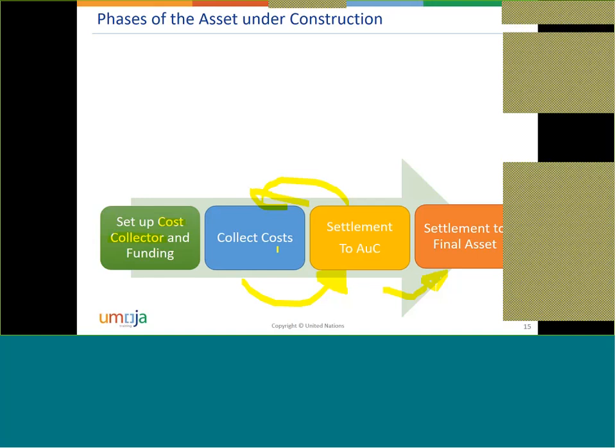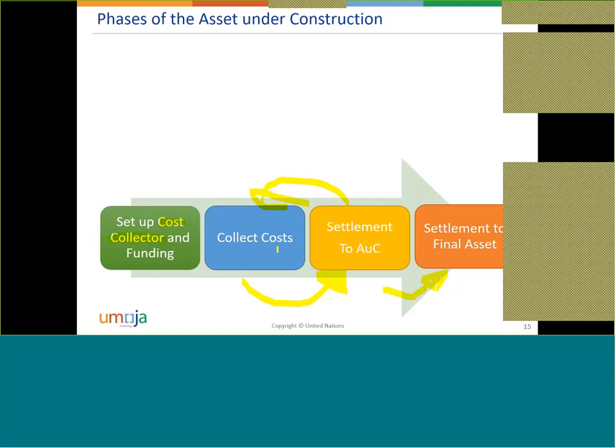So maybe you are receiving services from a plumbing company or from a construction company, or maybe you are hiring a whole construction company to build everything, or maybe you hire consultants and you are paying for their services. And then through the service entry sheets, through other types of transactions, you are tracking expenses.